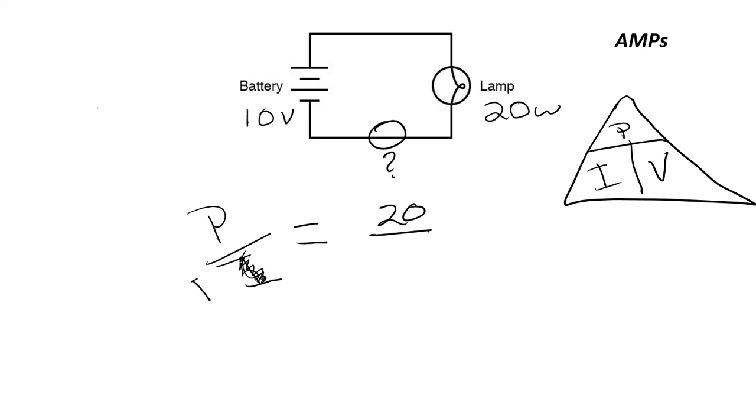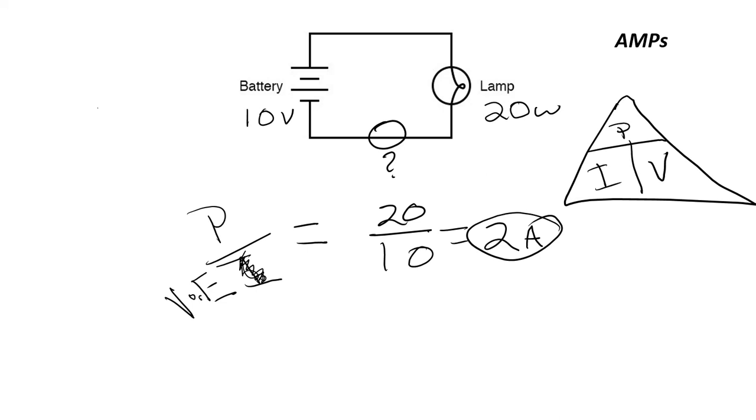I'm looking for I. It's P divided by E, or V. All right. So what is that? That is 10. 20 divided by 10 is 2. 2 what? 2 amps, or amperes. All right. Easy peasy, right?